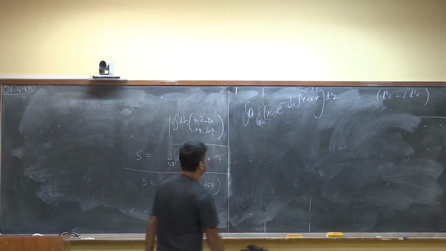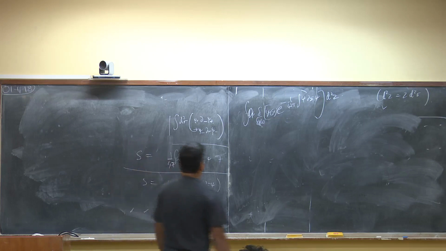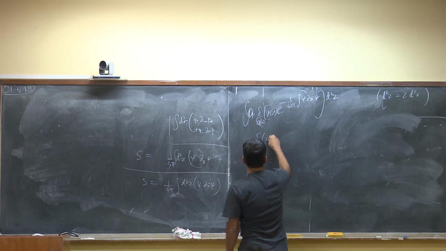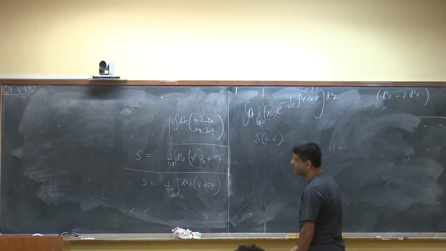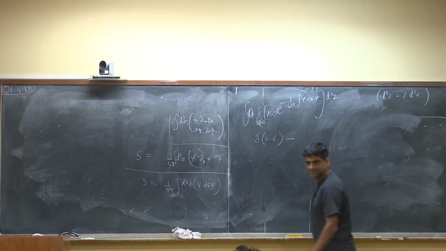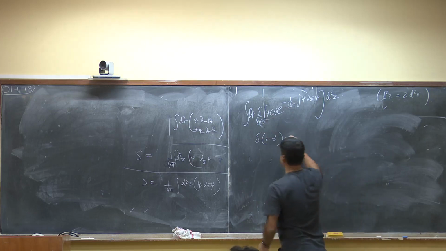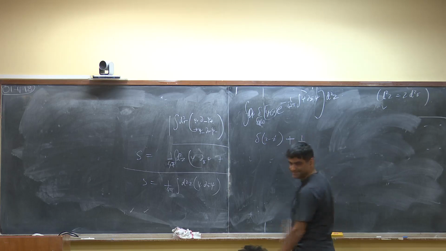And now we do it keeping our wits about us. So the first term we get is delta of z minus z prime when this hits this. Then we get a minus because we go through here, and we get a minus because we vary the action. Then we get a 1 by 4 pi.